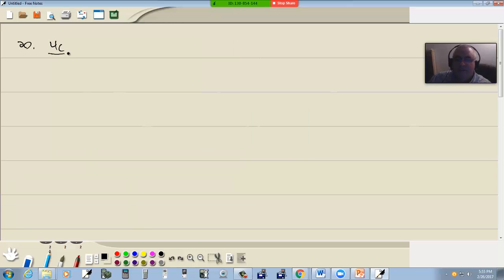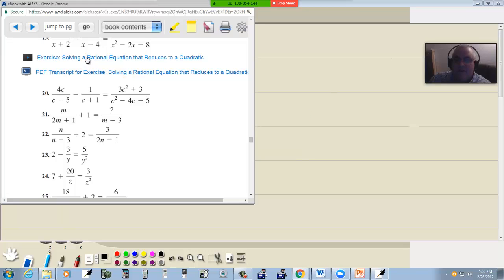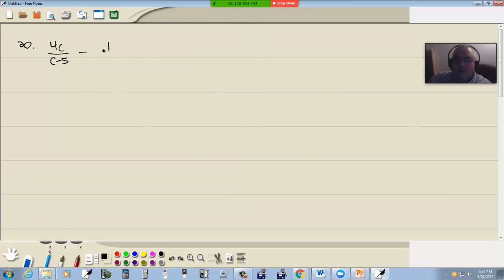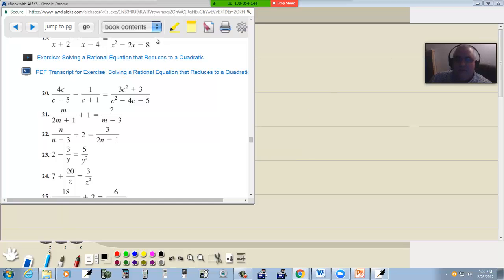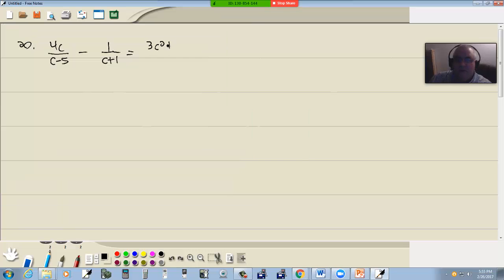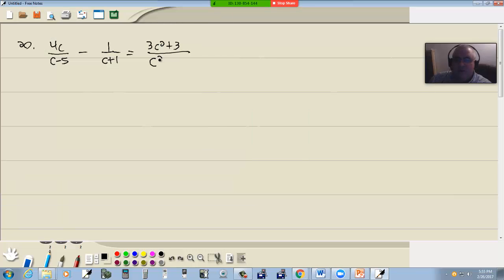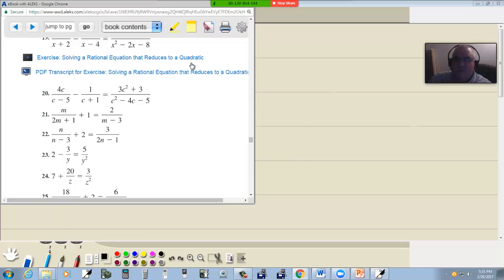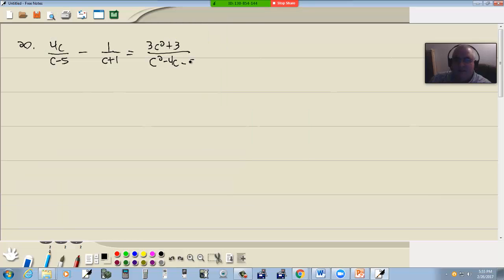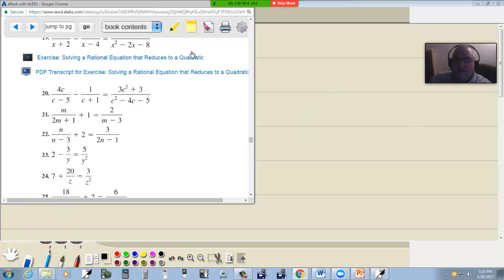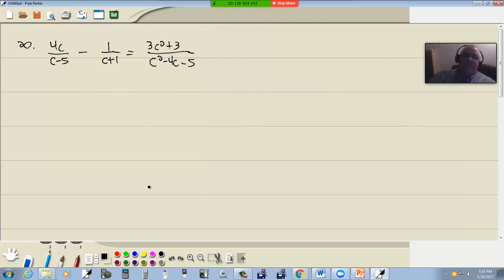4c over c minus 5 minus 1 over c plus 1 equals 3c squared plus 3 over c squared minus 4c minus 5. Now, if you remember our steps for solving a rational equation, first step is get rid of parentheses. Don't have any.